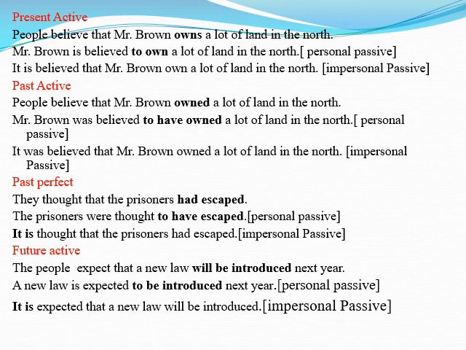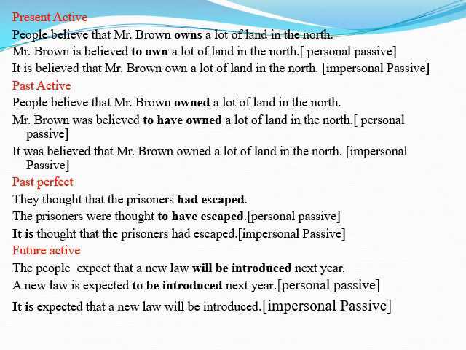It is in the present active form. People believe that Mr. Brown owns a lot of land in the north. First, identify the verb. What is the verb here? Owns. So, when changing into personal, we have to use to, so that we can change it into infinitive form.